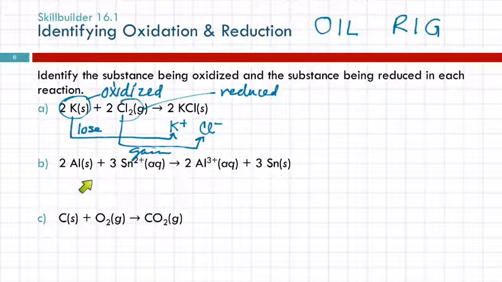This one is a little bit easier. So what's happening to aluminum? Is it gaining or losing electrons to become Al3+? It's losing electrons, so that one's being oxidized.